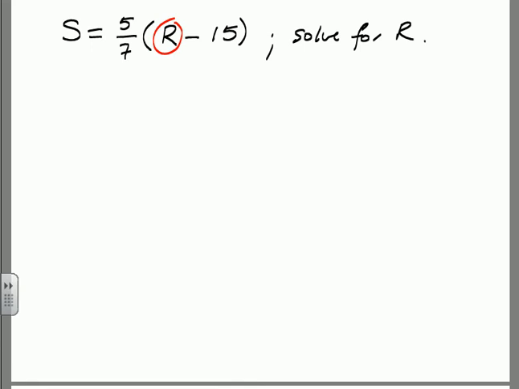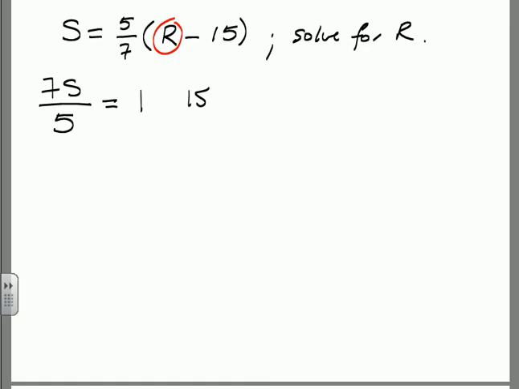What say you? Okay, what are we going to do to both sides? Well, we're going to multiply both sides by the reciprocal, 7/5. But I'm going to go ahead and put the 7 and the s up in the numerator. And what do we have left? r minus 15 in parentheses, and I'm not even going to ask you. Cosmetic, cosmetic, so we can get rid of them. So we're almost there.